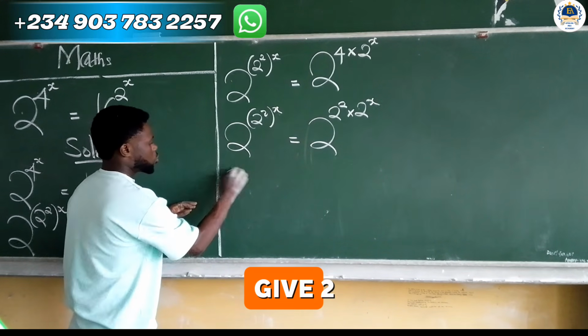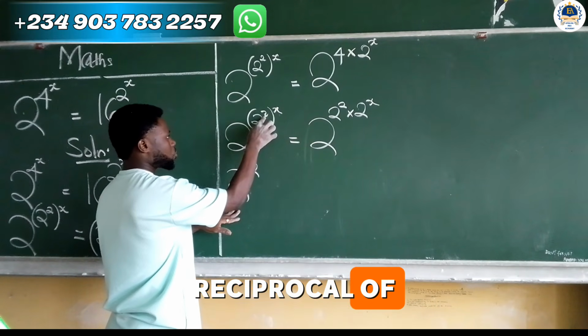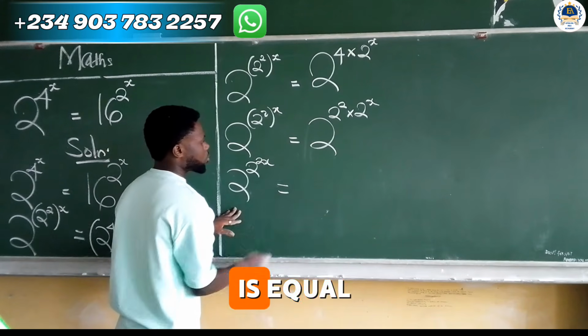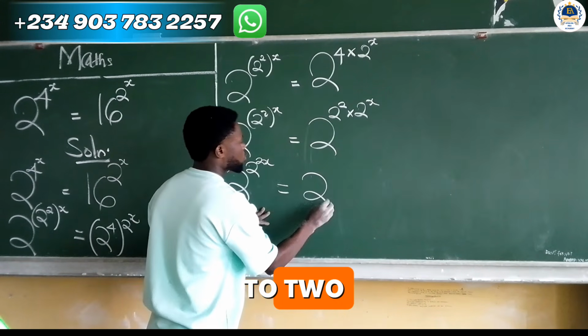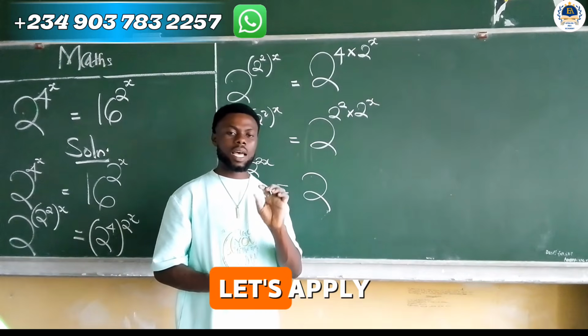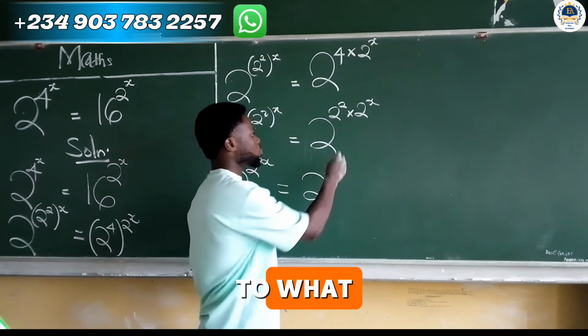So that will give 2 raised to the power of 2, which is raised to the power of 2 times x, 2x. Then this is equal to 2 raised to the power of, let's apply the multiplication law of indices to what we have here.